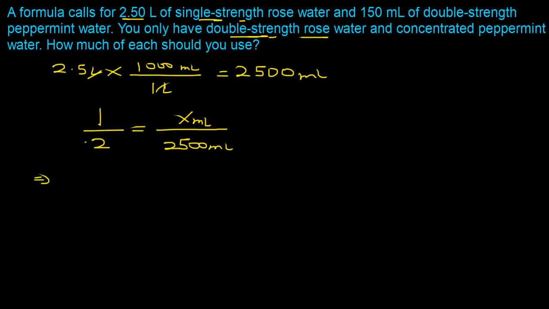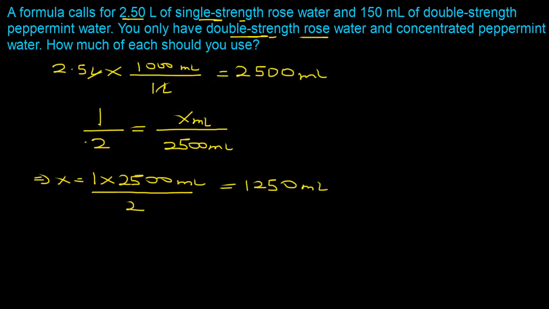So x is going to be equal to 1 times 2,500 milliliters, divided by 2, and you end up with 1,250 milliliters. So that will be the answer for the first part. That's for single strength, so let's just put that somewhere.